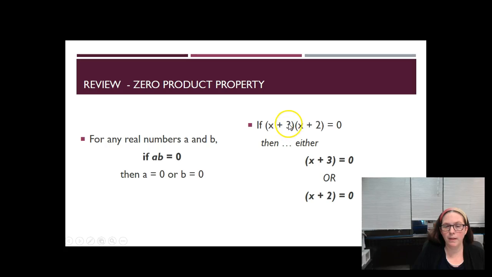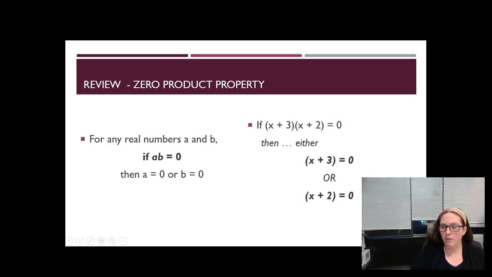If I have two quantities multiplied by each other, x plus 3 times the quantity x plus 2, and that's equal to 0, I know that either x plus 3 has to equal 0 or x plus 2 has to equal 0. One or both of them needs to equal 0. Otherwise, I won't be able to get 0 as an answer.